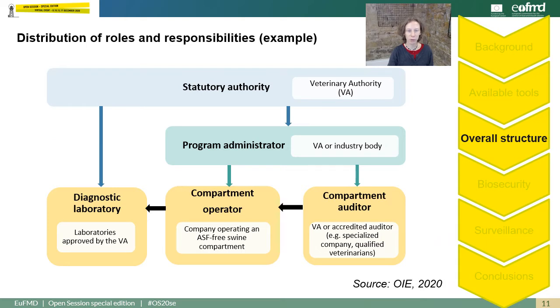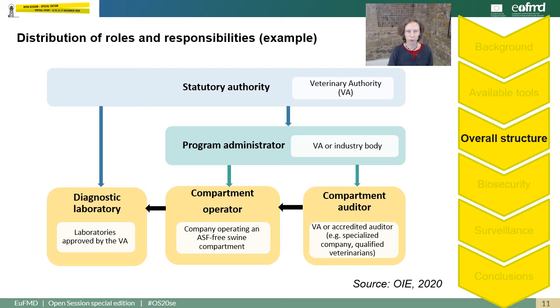Let's have a look at a possible distribution of roles. The statutory authority, generally the Veterinary Authority, is responsible for granting and removing compartment status of individual compartments, as well as leading the trade negotiation with their counterparts in the importing countries. There may or may not be a separate program administrator to delegate some of the routine work to.